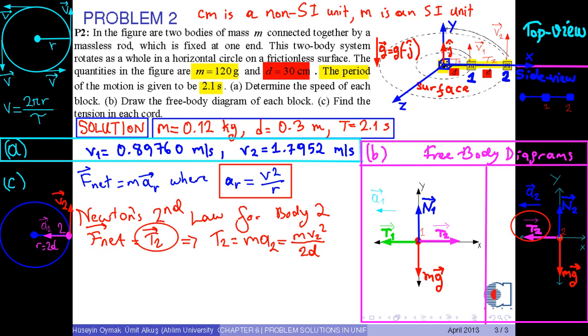Then we have m times v2 squared over 2d.